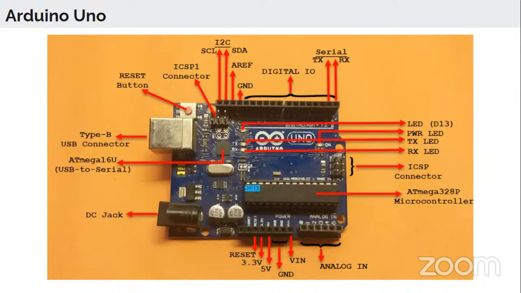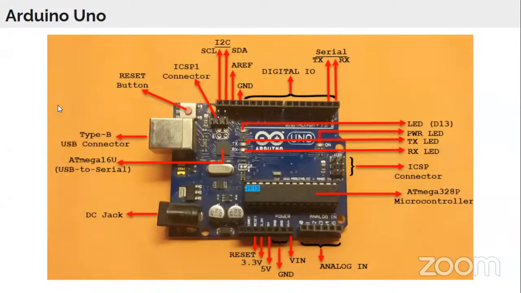Okay. So see, Arduino is a popular microcontroller board based on a chip called the Atmega 328P microcontroller. It is the most popular microcontroller used worldwide. It is designed for easy prototyping of DIY projects, do-it-yourself projects.